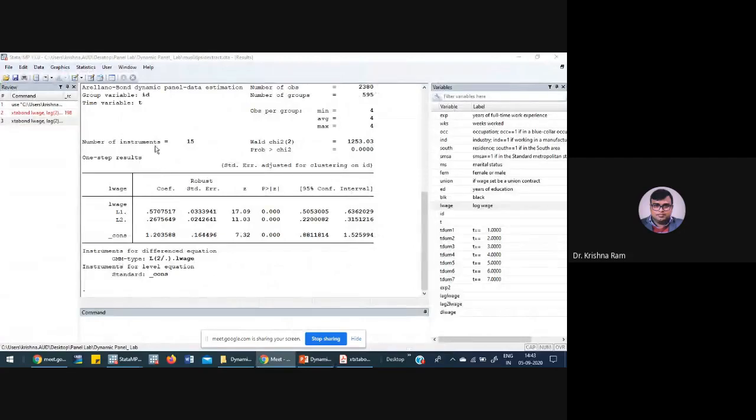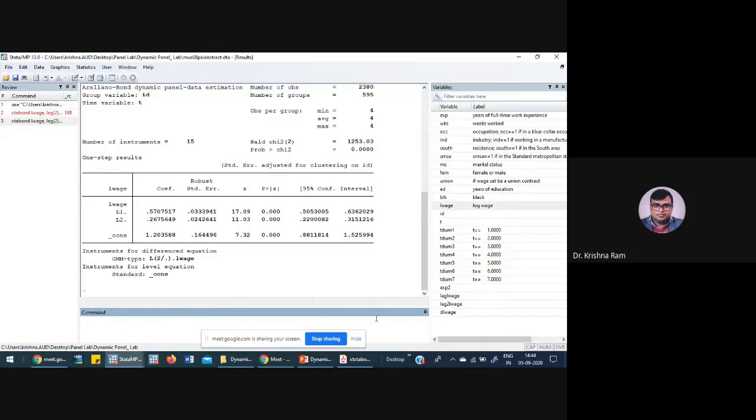This one is important to understand. Once you understand this, there would be no problem understanding anything else. So now you have 15 instruments. At most you have 5 lagged instruments, or you can say 5 instruments of lag values of y t: y t minus 2, y t minus 3, y t minus 4, and y t minus 5 for 7 periods of data.